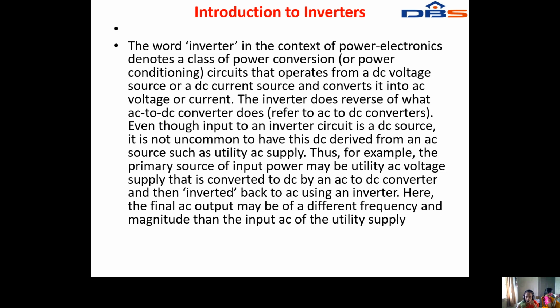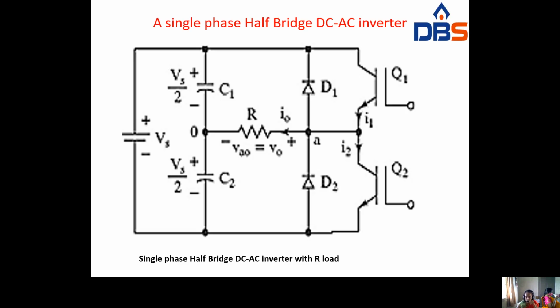Okay, so next, the single phase half bridge DC to AC inverter. This is the circuit diagram for the half bridge inverter. Here we are using an R load, so the load will be a resistive load.